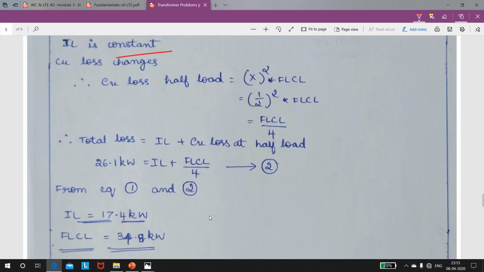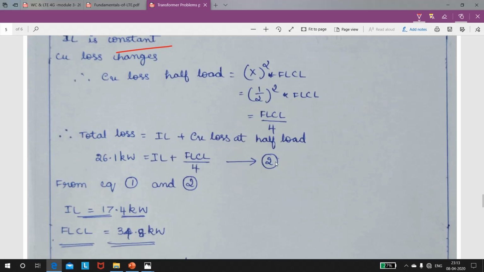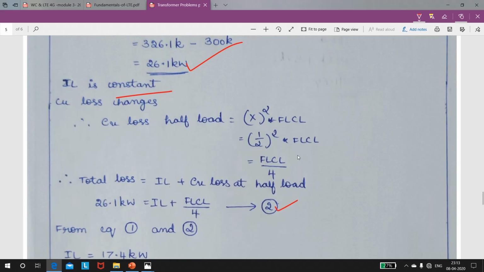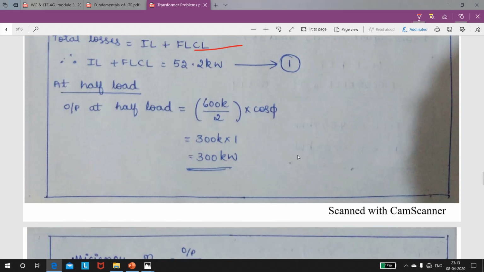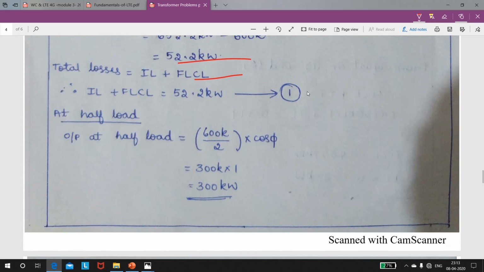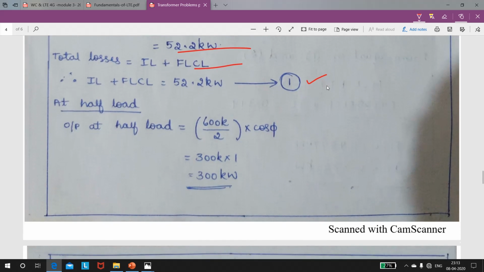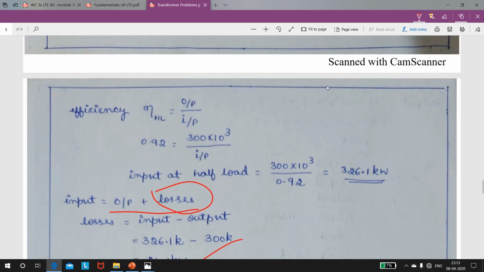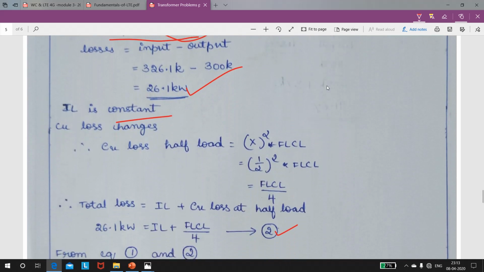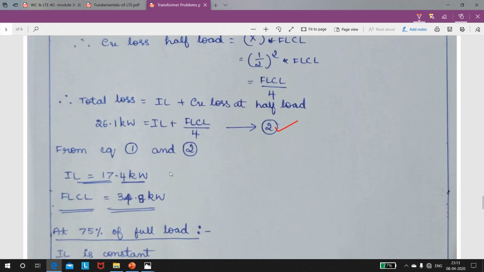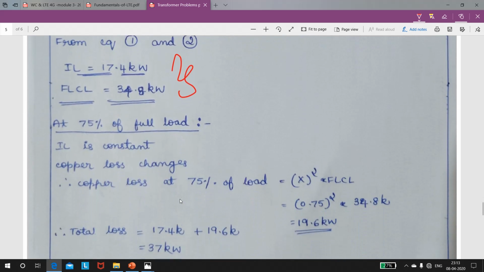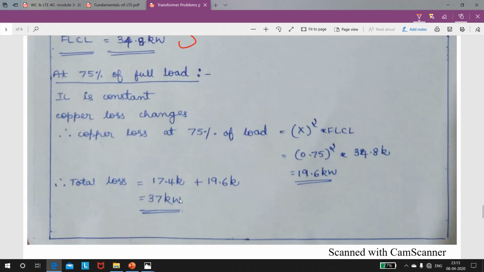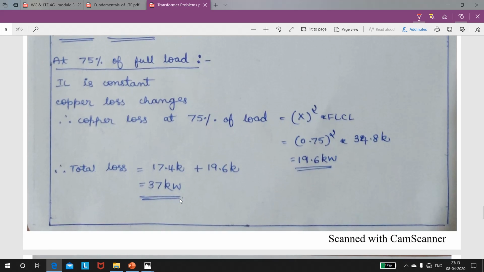So if you use this equation 2 from half load and the equation 1 from full load, and substitute both in your calculators, you will get the answer for these two variables. Now what was your question? You had to find out the efficiency at 75% of the load, right?